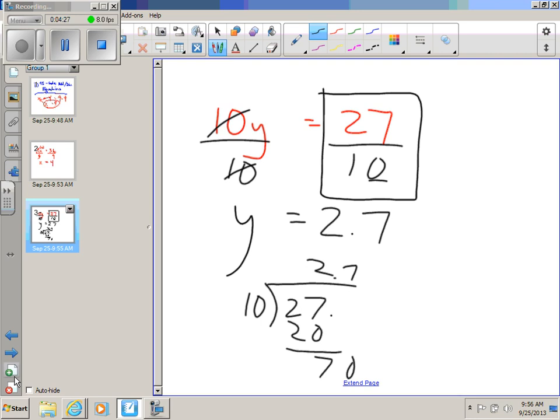How many times can we fit 10 into 27? 2. And then that would give us 20. Take 20 from 27, how many are left? 7, with the denominator remaining 10. 2 and 7/10 would also be the same thing. Isn't this 2 and 7/10 technically?